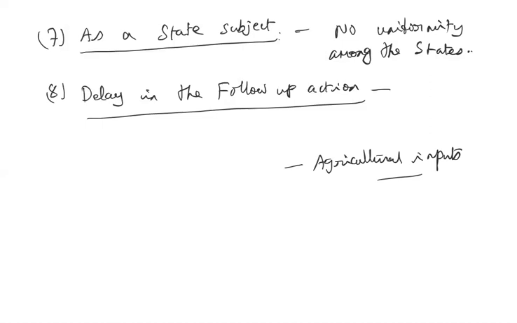In all the other states, it was not a very successful one. On top of it, now every state government is concentrating only on liberalization and privatization. And this land reform measure itself is being sidelined by most of the state governments. Okay, so that was the conclusion.